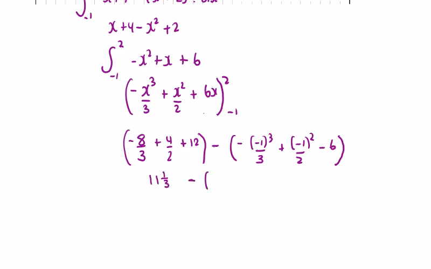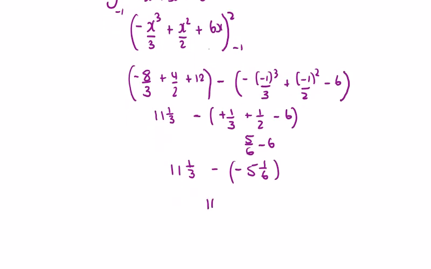Then it's going to be minus, I'm going to get minus 1 over 3 by minus 1 over 3, so it's going to be plus 1 over 3, and I'm going to get plus 1 over 2 minus 6, so that's going to be 5/6, 5 over 6 minus 6 of 5 and 1/6 minus, so it's going to be 11 and 1/3 plus 5 and 1/6, which is going to be 16 and 2/6, 1/6, 3/6, 16 and a half square units for the area between the curves.